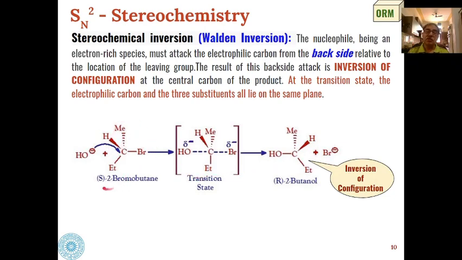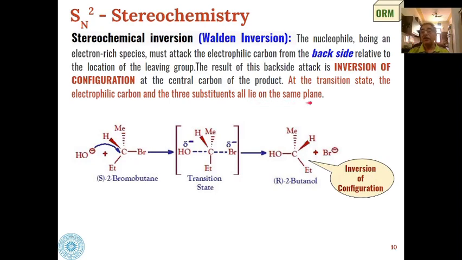So that means if we started with the S enantiomer of the substrate, we will get the R enantiomer of the product. Such inversion is called Walden inversion. This is characteristic of SN2 type of reactions, that the nucleophile attacks from the back side, and there is an inversion of configuration at the central carbon atom of the product.